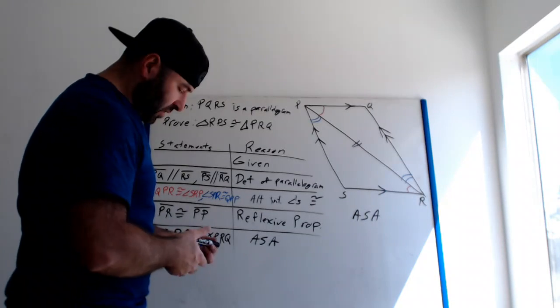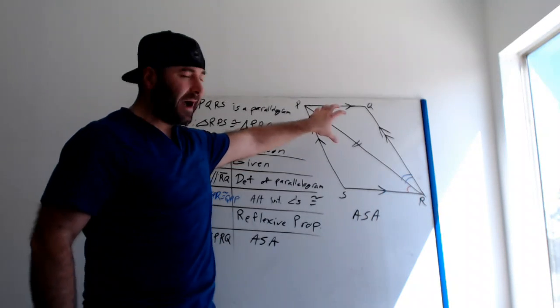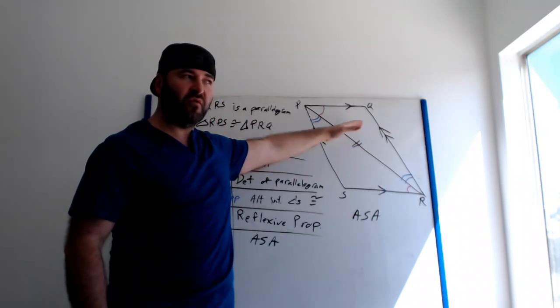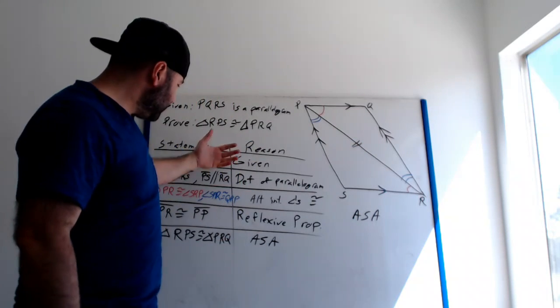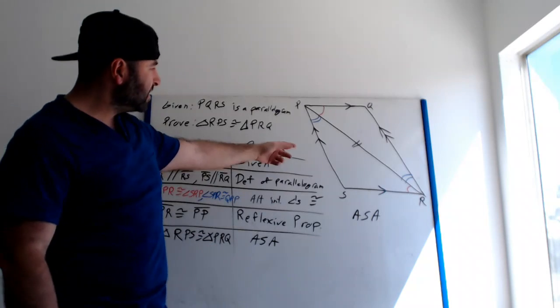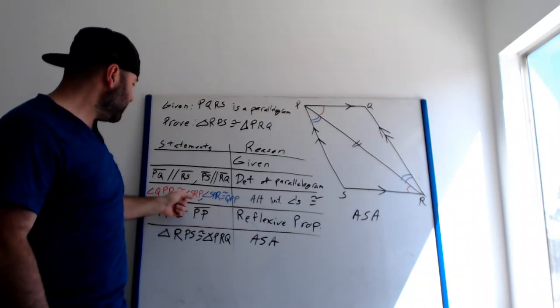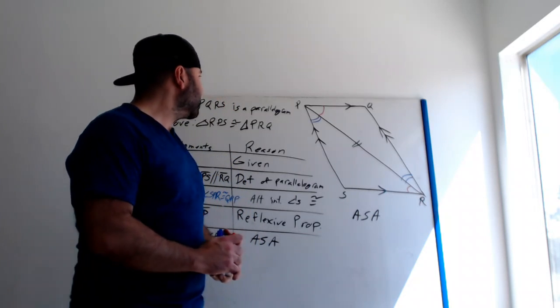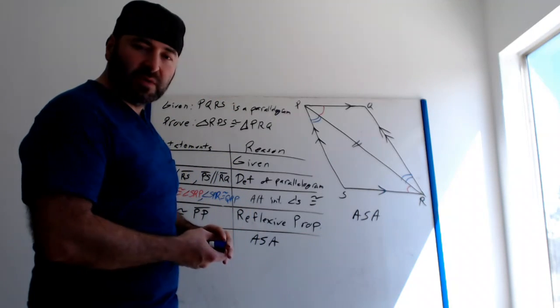Okay, so as usual, I like to mark up the diagram first. It gives you a nice little visual of where you are going. Lets you know, did you hit all the marks? So my color coding is over here as well, letting me know that I hit all the marks that I needed to. So we're done with this one.